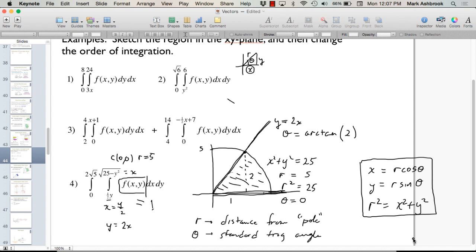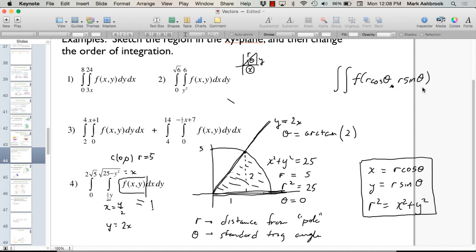So now how do we want to think about setting up a double integral? Now if it's that same function, f of x, y, that's going to be f of r cos theta, r sine theta.